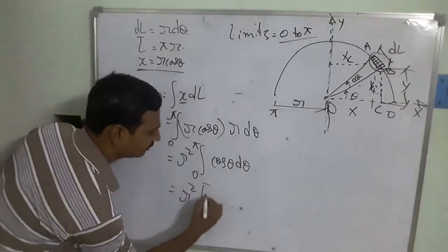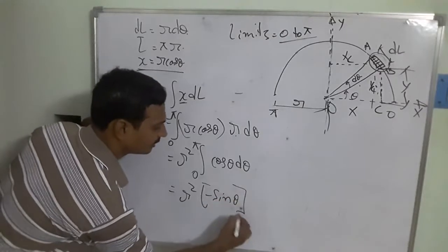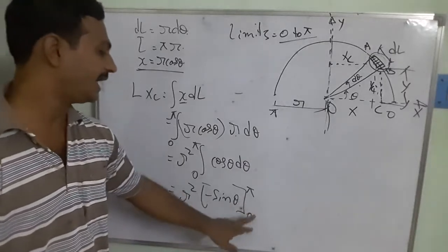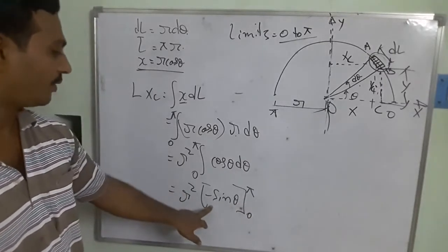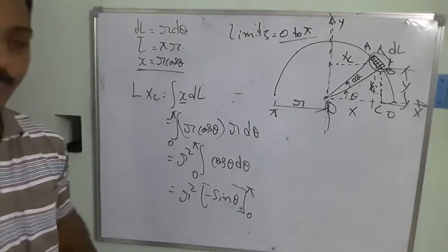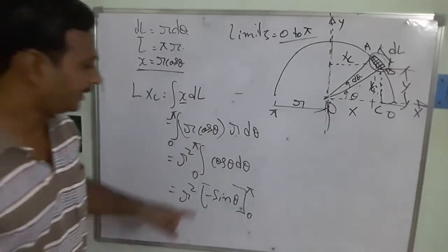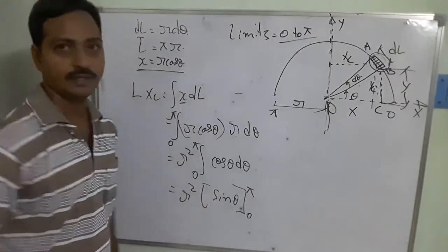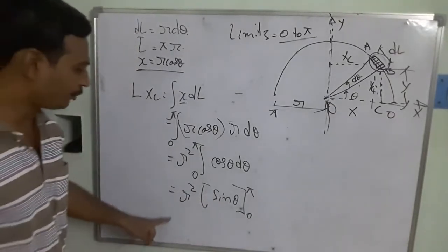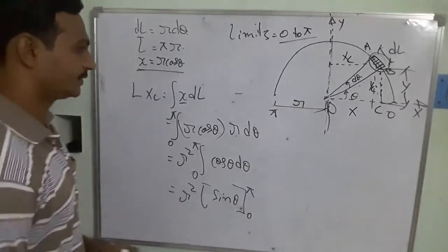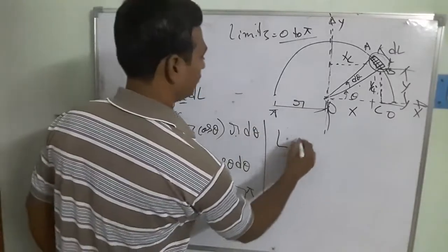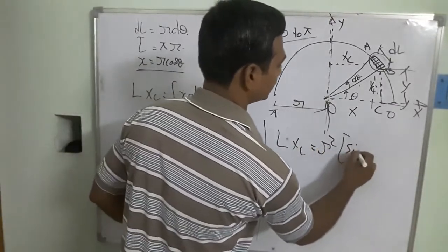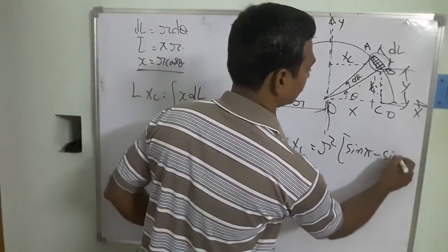r square times minus sin theta from 0 to pi. These are the limits we have taken. Sorry, here the integral of cos theta is going to be sin theta. So once I substitute 0 and pi, we get L times xc equal to r square times sin pi minus sin 0.